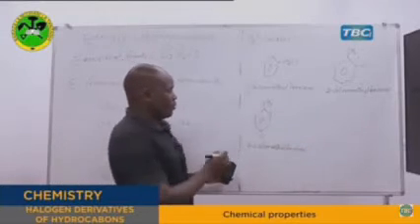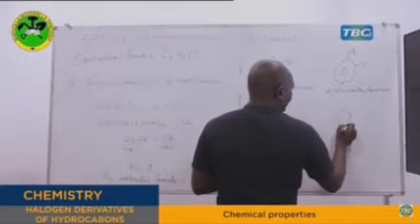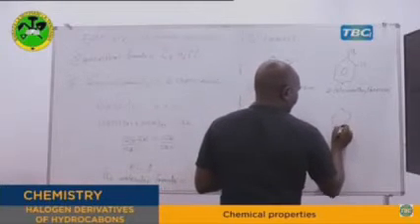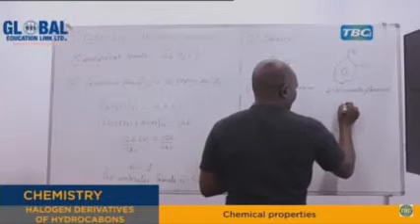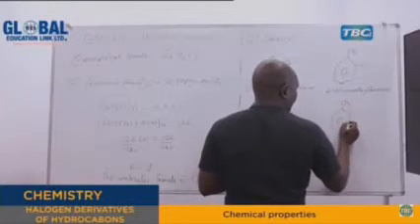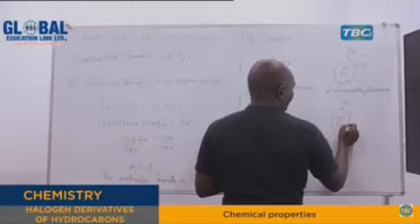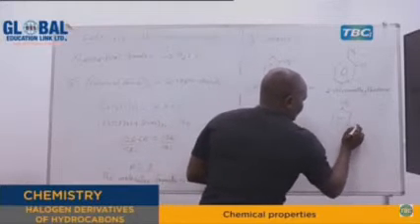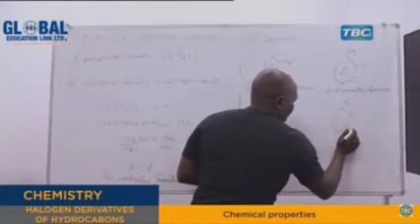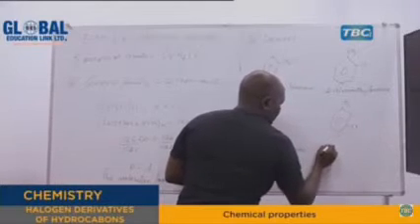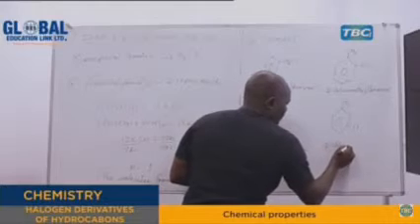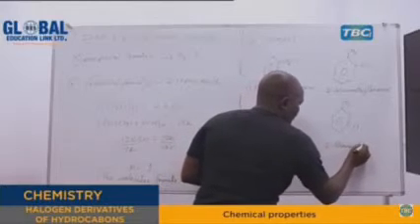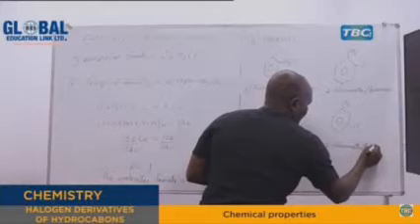And also another isomer can be this one. This is 3-chloromethyl benzene.